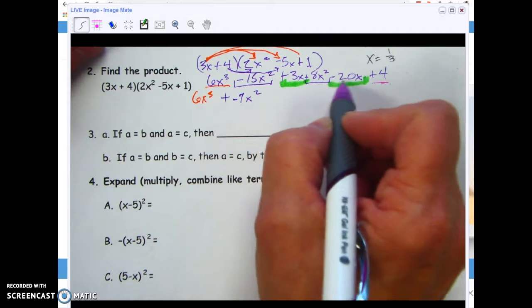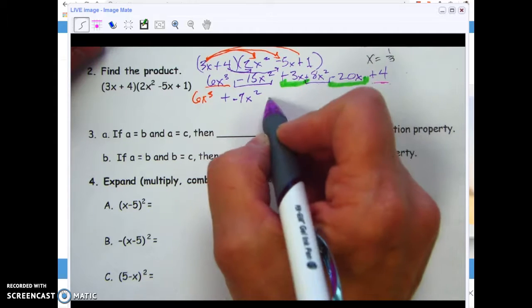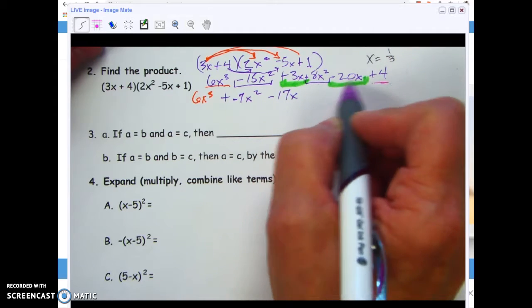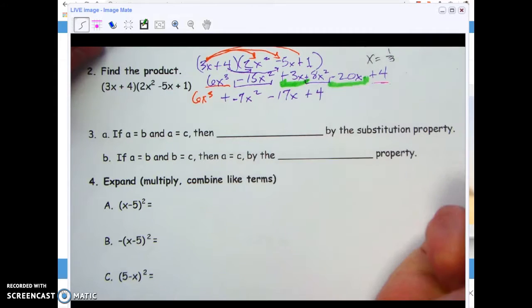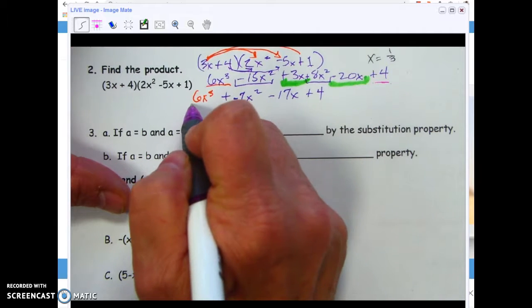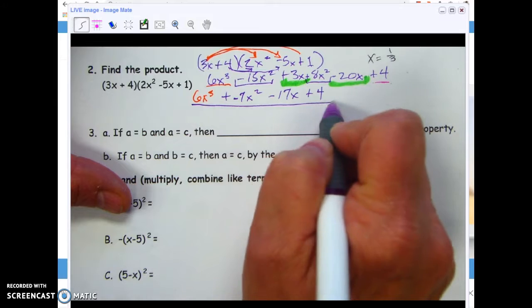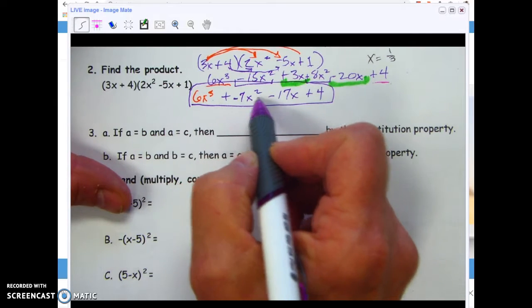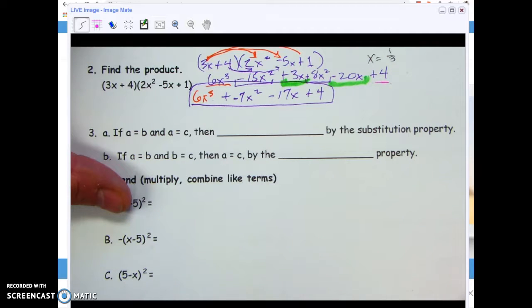Then I put the 3x minus the 20x is minus 17x, and then the 4 is all by itself, plus 4. And that is my answer. 6x to the third minus 7x squared minus 17x plus 4.